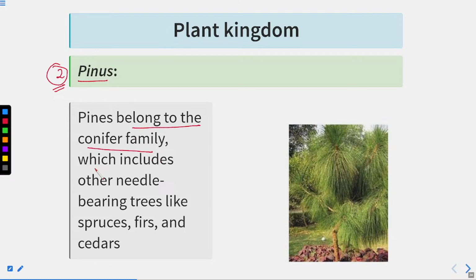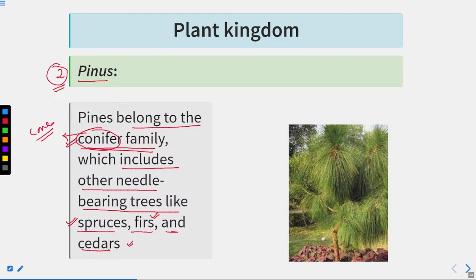If we remember the classification, there is a class called Coniferopsida, which has a family called the conifer family, and the name conifer comes from the fact that they bear cones. They include other needle bearing trees like spruce, firs and cedars, along with the pines or Pinus.